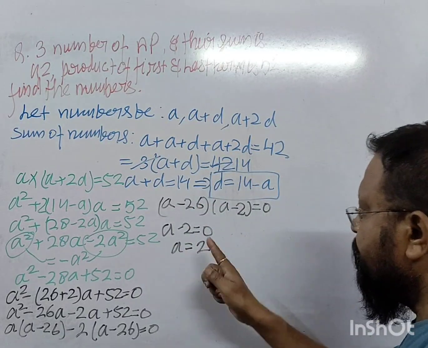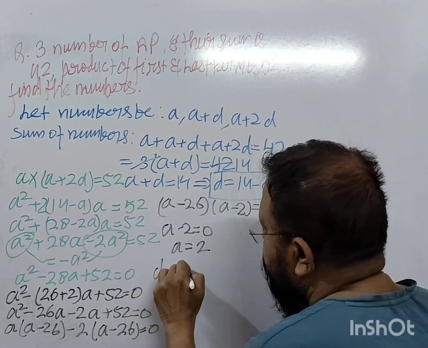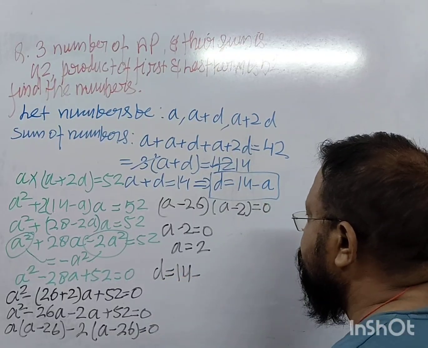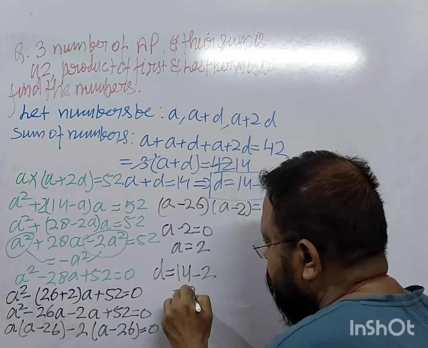Okay, so d is equal to 14 minus 2 is equal to 12.